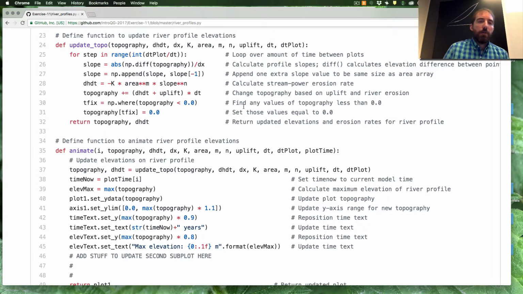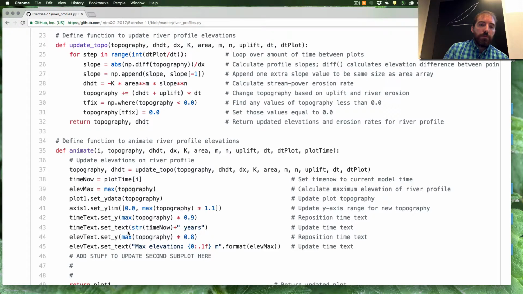So I've set that part up for you, and what it means is there are a couple functions here that you should look through and try to read the comments and see if you can understand what's going on. You'll have to make some changes to one of them. It's not that big of a deal. The two functions: one is called animate, and that updates what's displayed in the plot window. And there's another function here called update topo that changes the elevation of the river profile through time. So animate is going to keep one plot window open and change what's displayed in the plot window.